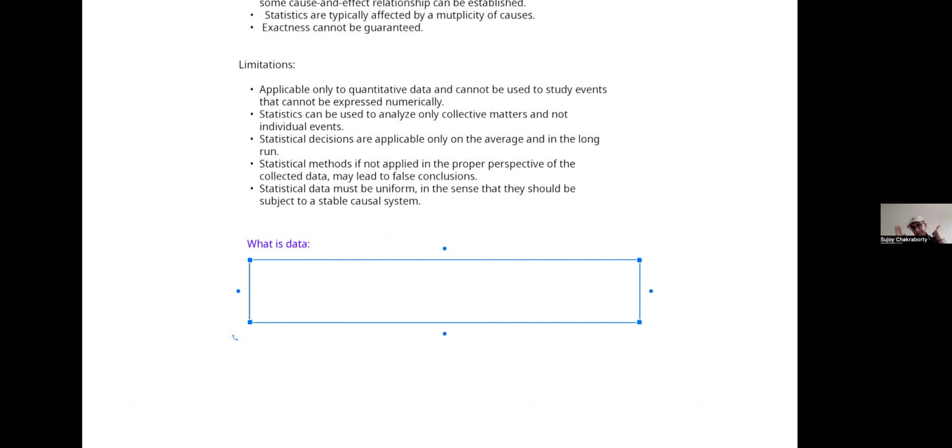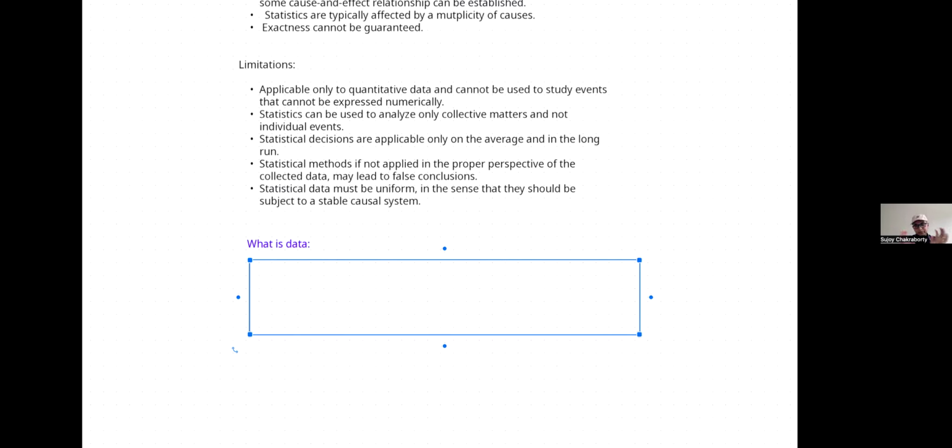Now, if the population is very large, then it might not be feasible or practical to collect data from every single entity in that population, which is why we often draw samples that are representative of the population, okay? So to study a large population, we draw random samples from the population, right?